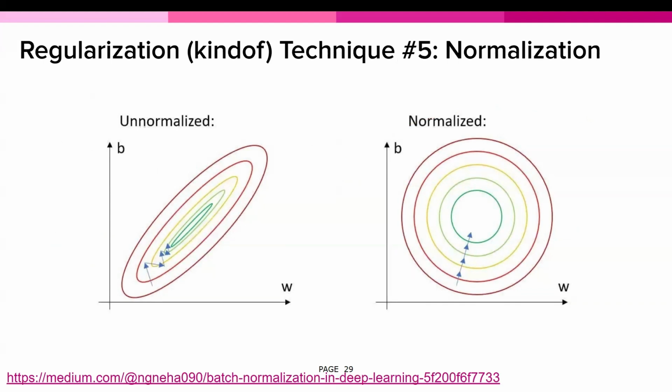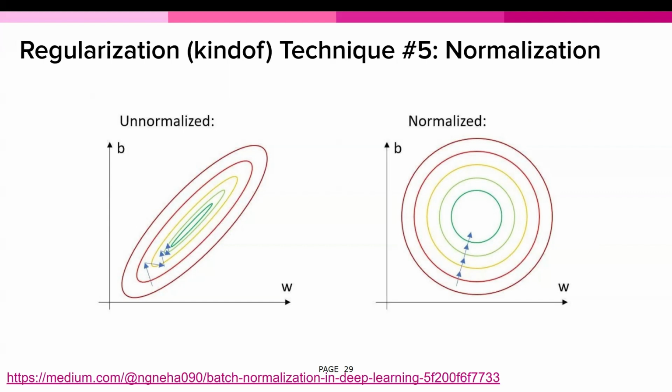And so this might sound like a minor tweak, but it's actually a really powerful tool for speeding up the learning process. So the idea is that by making sure that features are on the same scale, normalization is going to help our model navigate the loss landscape more smoothly. And it does provide a little bit of regularization, which I'll explain in just a moment.